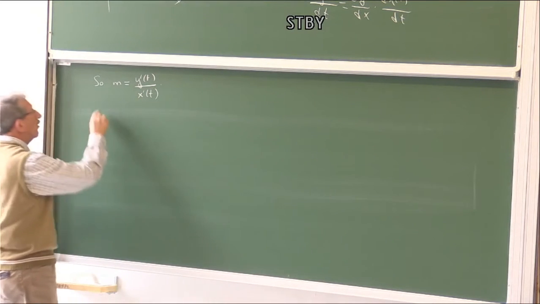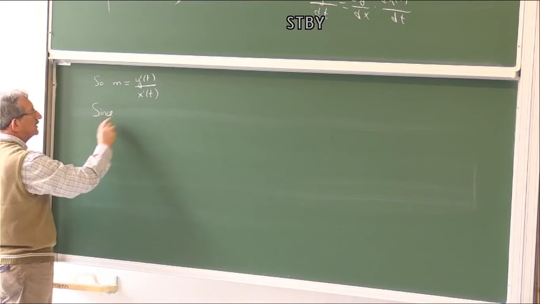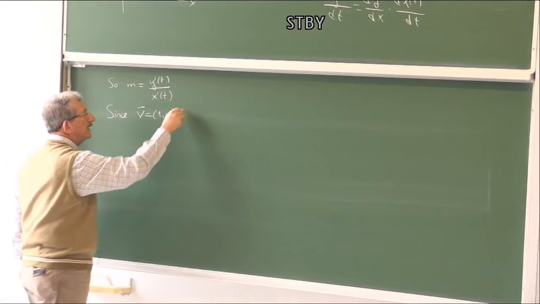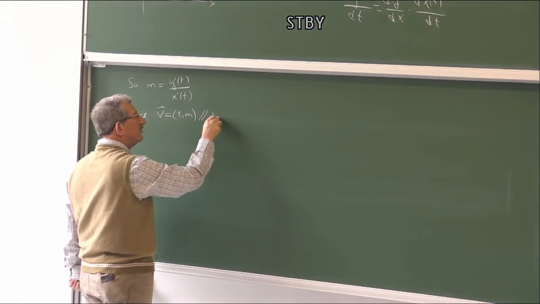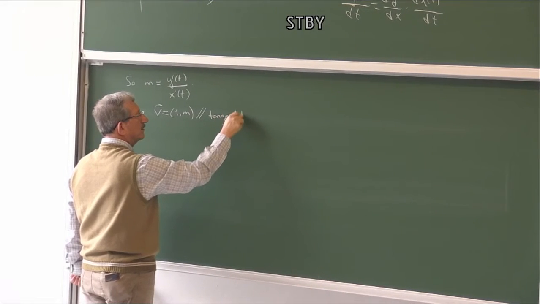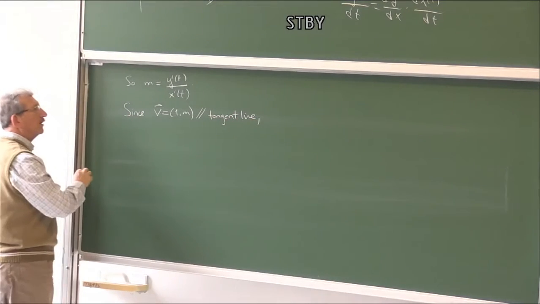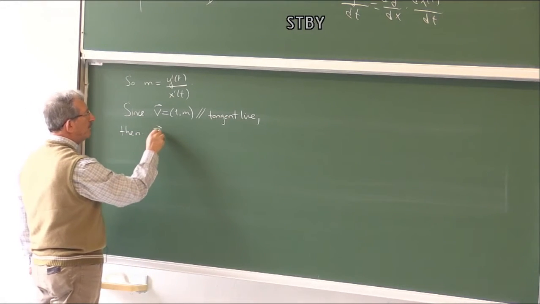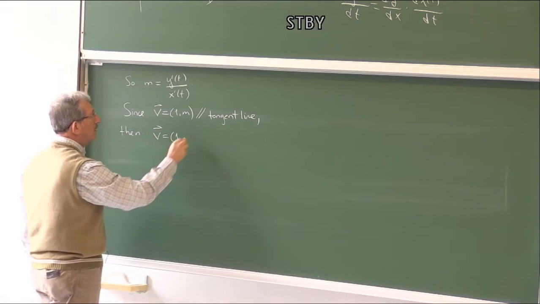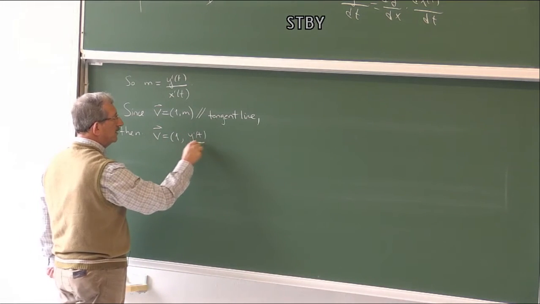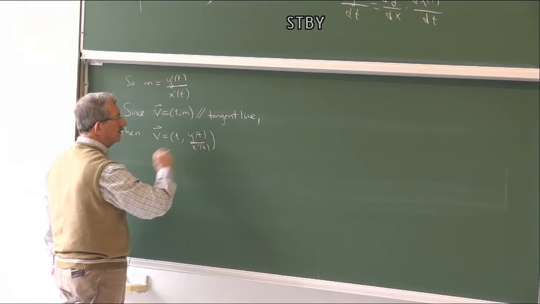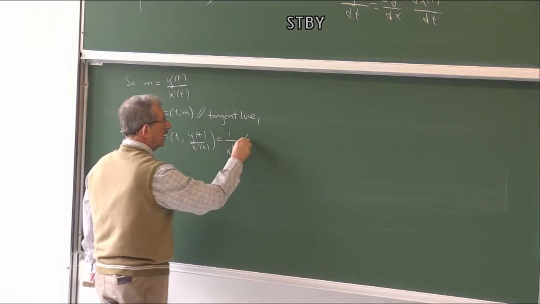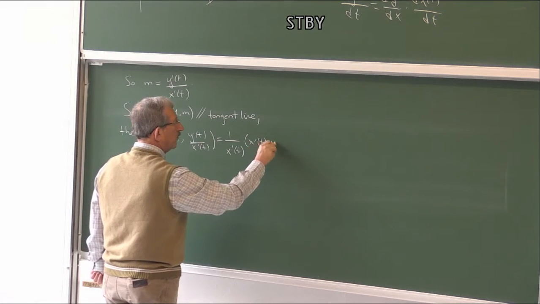Now, since the vector 1, m is parallel to the tangent line, it follows that I can write my v as 1, y prime t divided by x prime t, or 1 over x prime t times x prime t, y prime t.